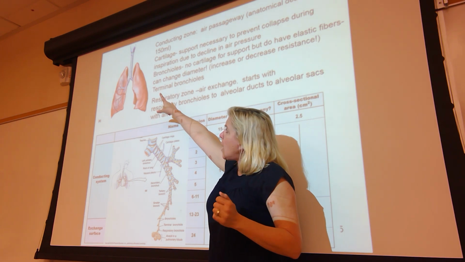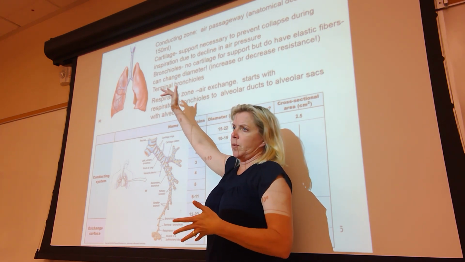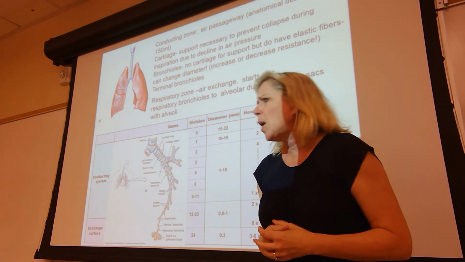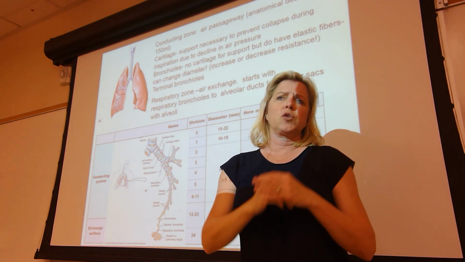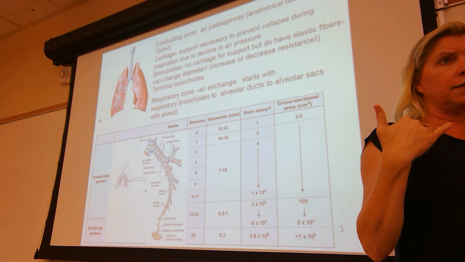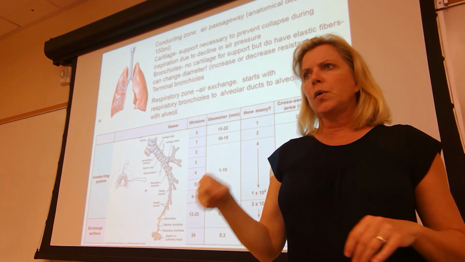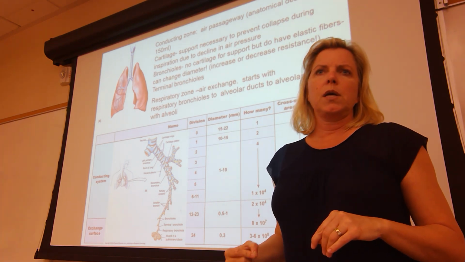We can anatomically and physiologically separate our respiratory tract, and even clinically. You've heard of, oh, you have an upper respiratory tract infection or a lower respiratory tract infection. Well, in physiology, we're worried about the conducting zone and the respiratory zone.